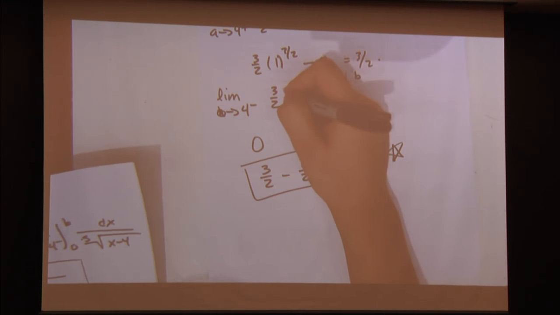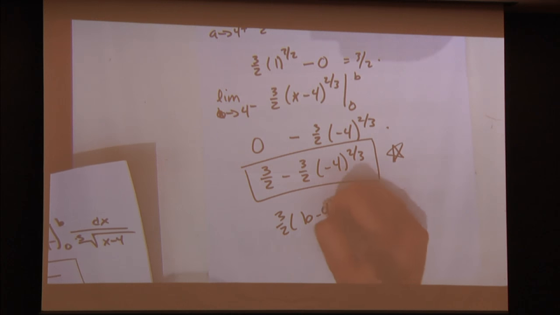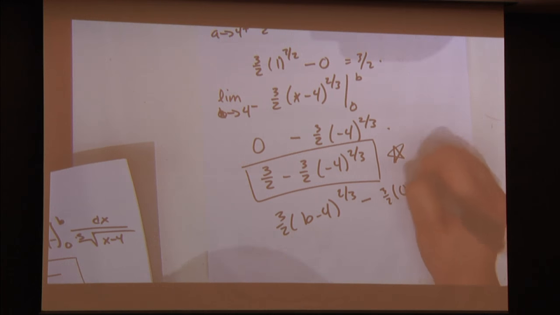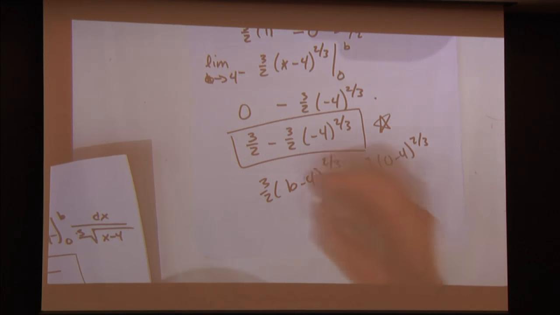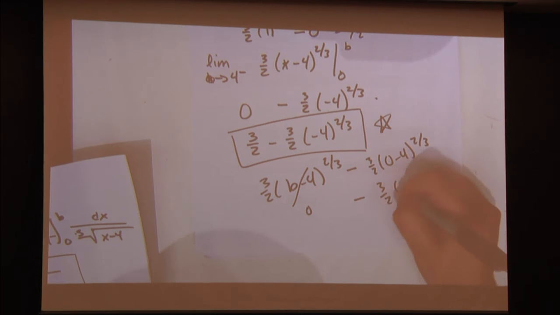Because you plug in B, which is 4. 3 over 2, B minus 4, 2/3, minus 3 over 2, 0 minus 4, 2/3. This is 0, minus 3 over 2, negative 4, 2/3. We're good. I haven't forgotten to add yet. Okay. I'm kind of scared to keep going.